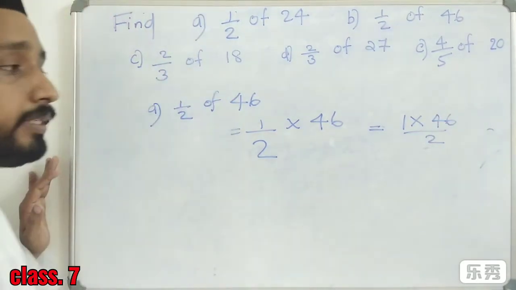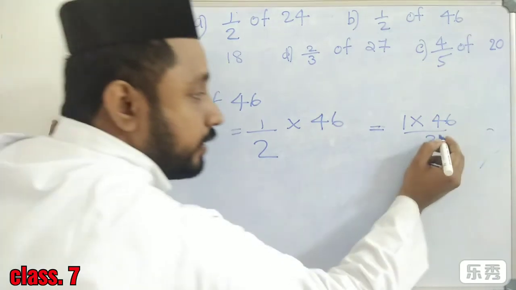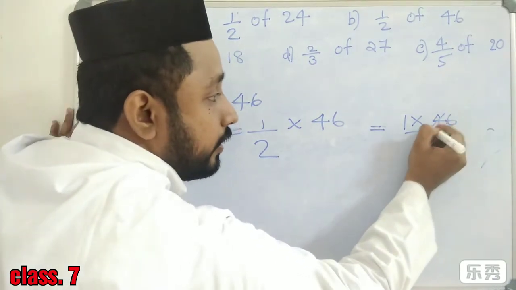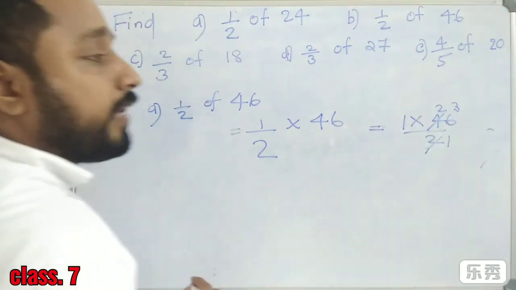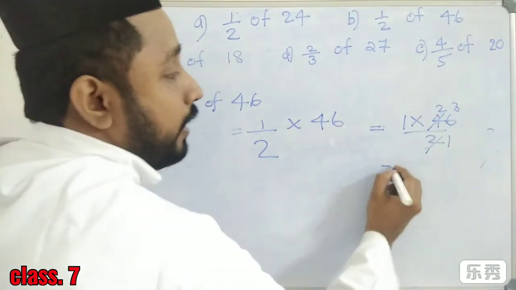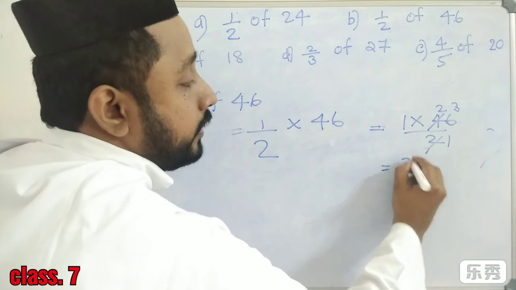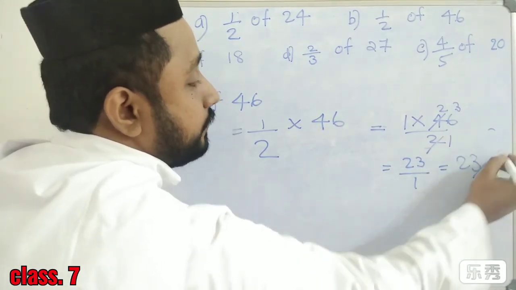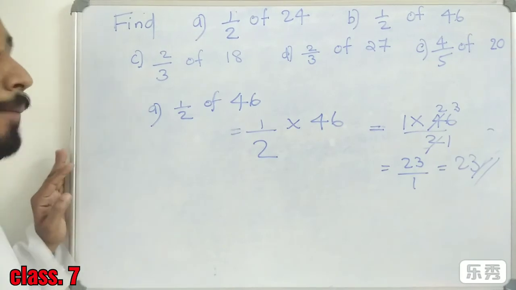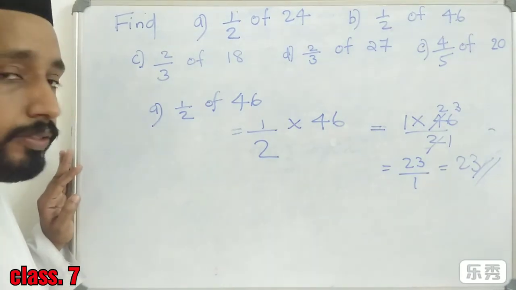Now we can cut 2 and 46. Here 1 times 2, here 23 into 2 is 46. So the answer is 1 into 23, 23 by 1. Answer is 23. So 1 by 2 of 46 is equal to 23.